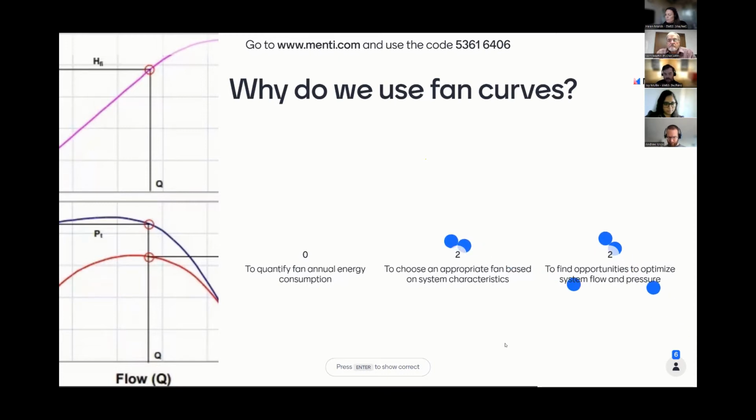Now, these are all good things to do with your fan system, but we did have a little bit of an introduction to fan curves in terms of their application and how to use them in that pre-work. So this one, we do actually have a little bit of a mix of responses on here. So we'll give a couple of seconds just to let those come in.